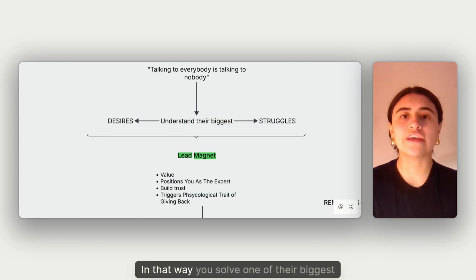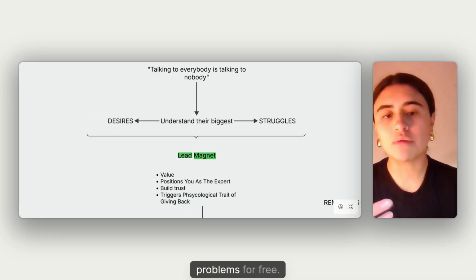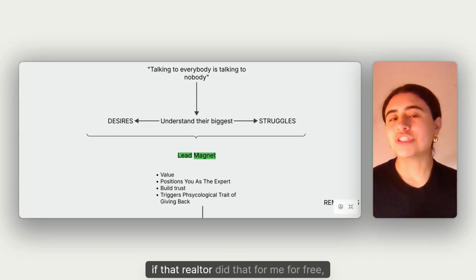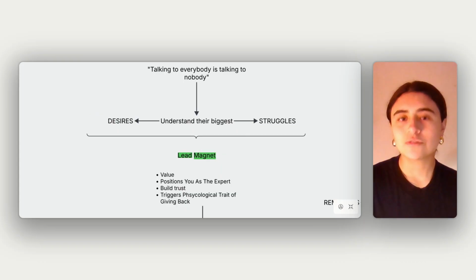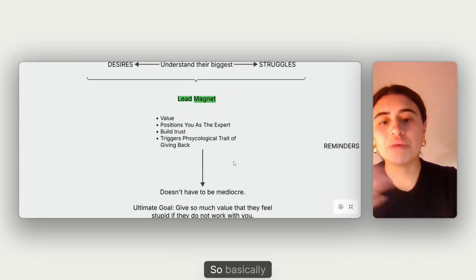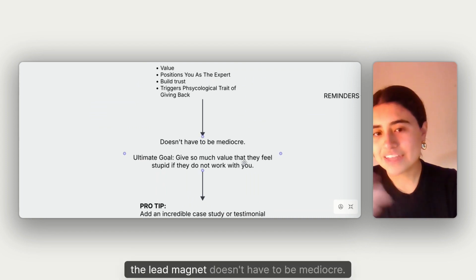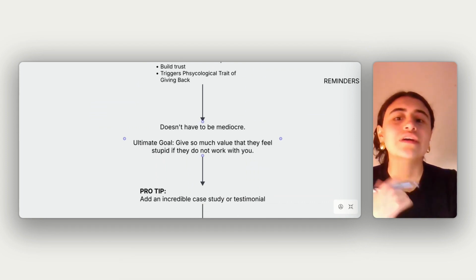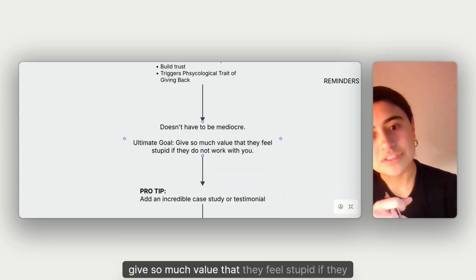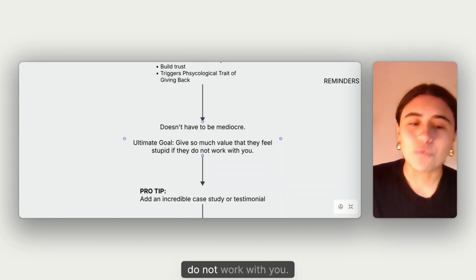In that way, you solve one of their biggest problems for free, and they wonder, okay, if that realtor did that for me for free, what can he do if I really start working with him? So basically, the lead magnet doesn't have to be mediocre, and the ultimate goal of the lead magnet is to give so much value that they feel stupid if they do not work with you.